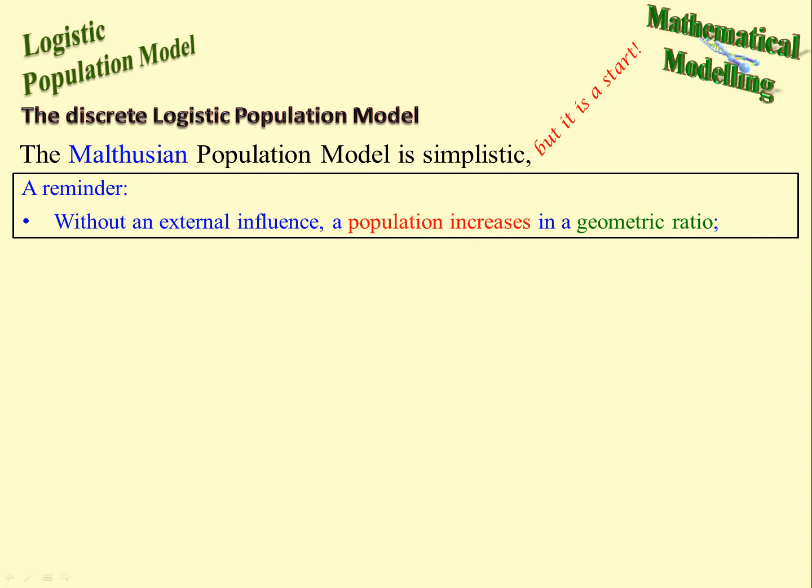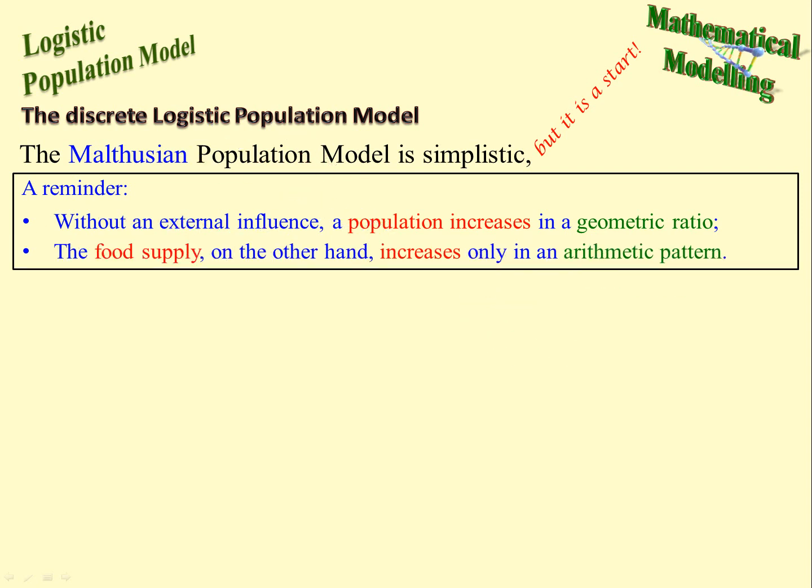First of all, if there's no external influence, a population will increase in a geometric ratio, multiplying by a factor every time to obtain the next time period. Food supply, however, increases only in an arithmetic pattern, in other words, adding a term each time.